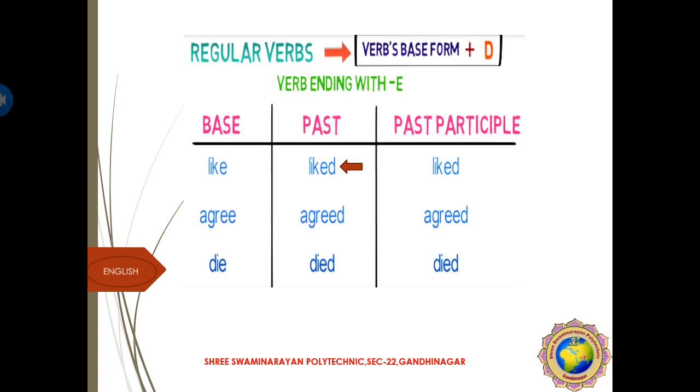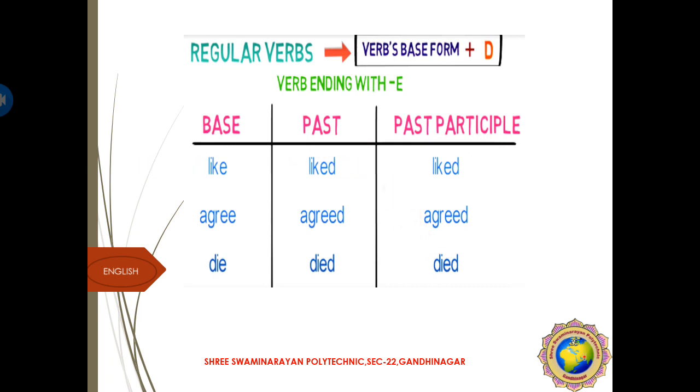In the same way agree, agreed, agreed. Die, died, died. So these are regular verbs ending with e, we just add d. This is a simple rule: for regular verbs ending with e, you just add d and make the past and past participle form. Suppose you have like, agree, die, the last letter is e, so you just add d and make the past form and past participle form. This is the first type.